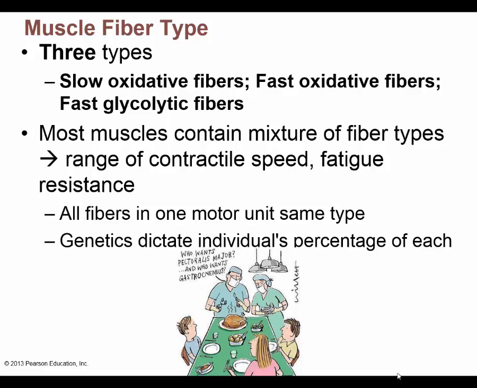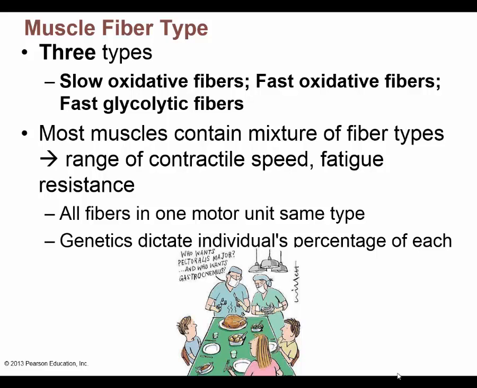Because it goes through glycolysis, it does not require oxygen, and it has few mitochondria, because glycolysis happens outside of the mitochondria. It also has very little myoglobin, that red oxygen pigment. So very little of that red pigment.